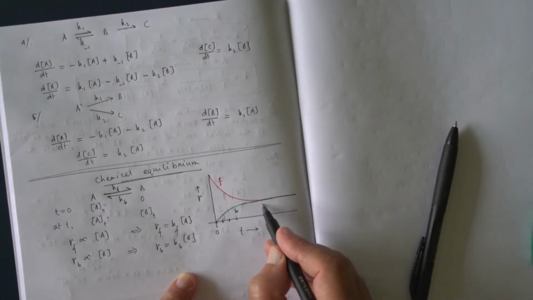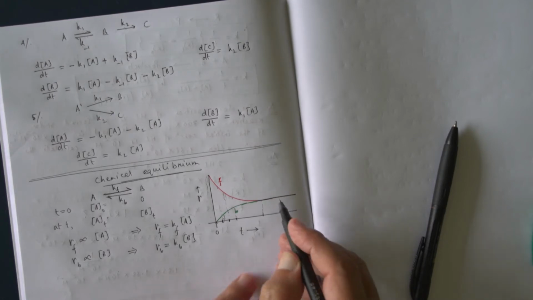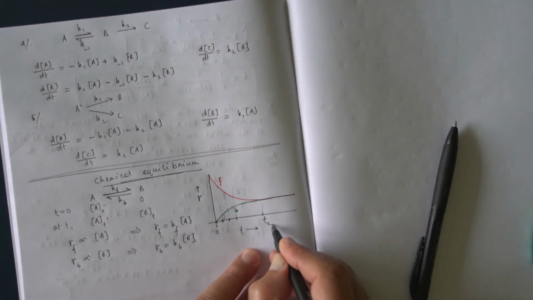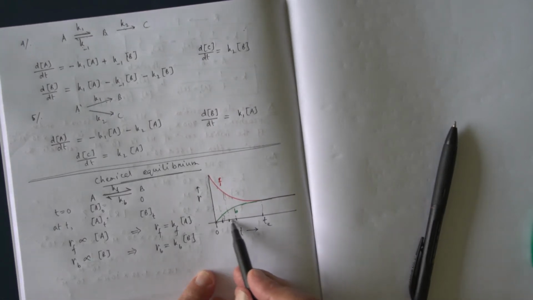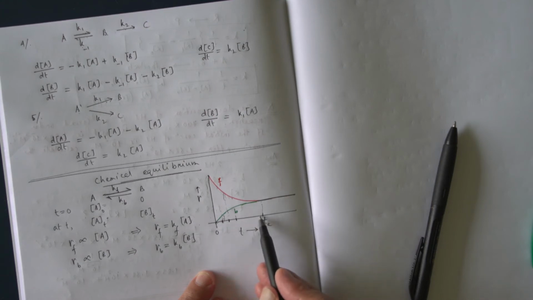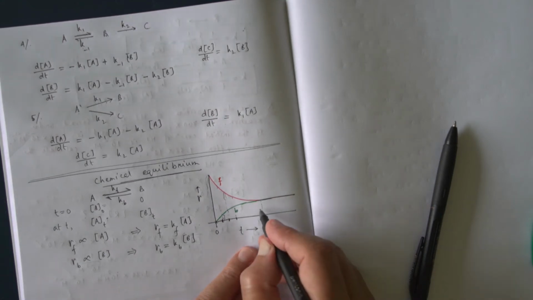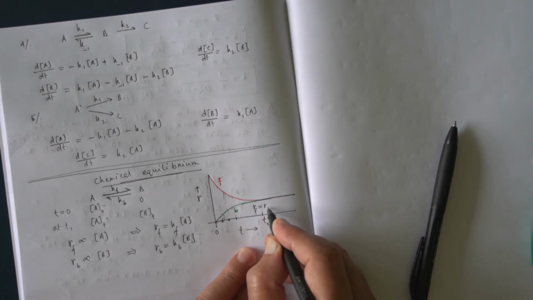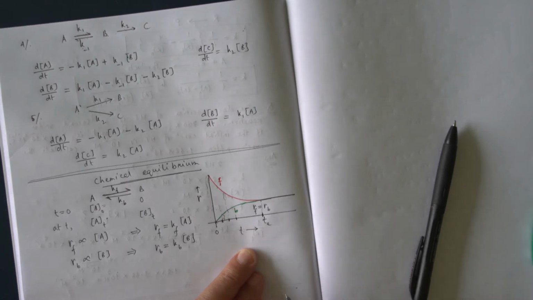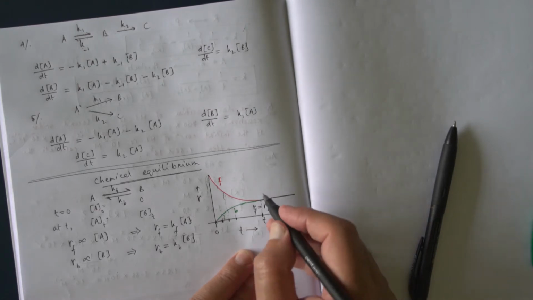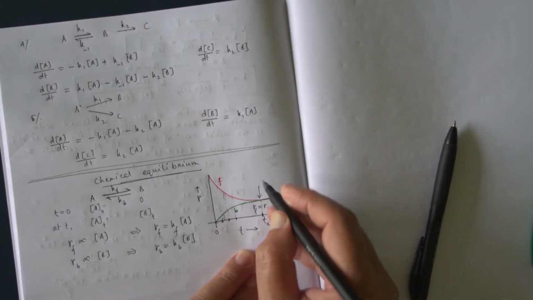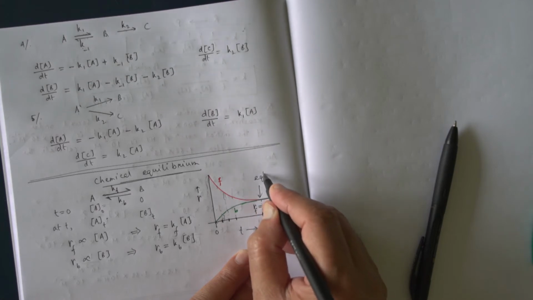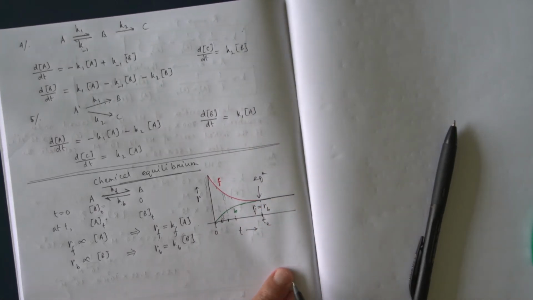But at this time, what happens? This is the time T equilibrium. At this time, the speed of forward reaction becomes equal to the speed of backward reaction. That means we are getting equilibrium.